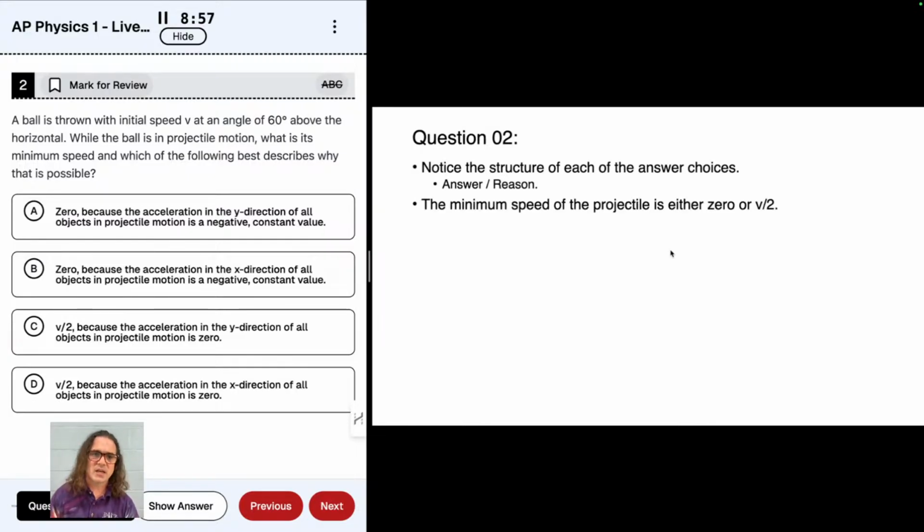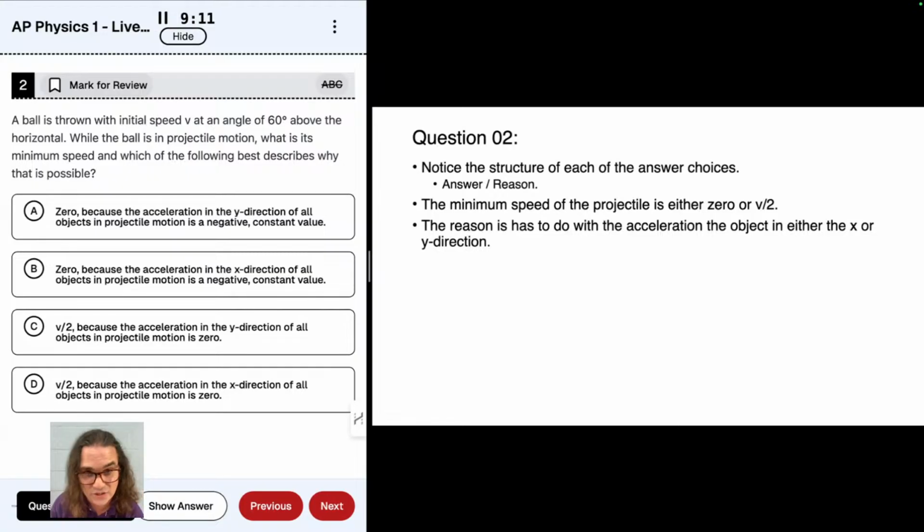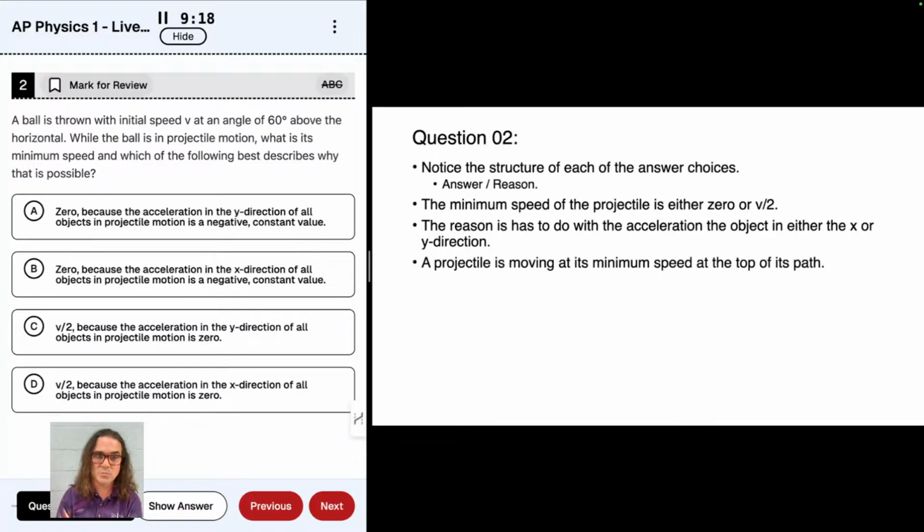Notice the minimum speed of the projectile is either 0 or the speed divided by 2, right? So there's only 2 answers to the question, but then there are 2 different reasons for it. And each of the reasons has to do with the acceleration of the object in either the X or the Y direction. So a projectile is moving at its minimum speed at the top of its path.